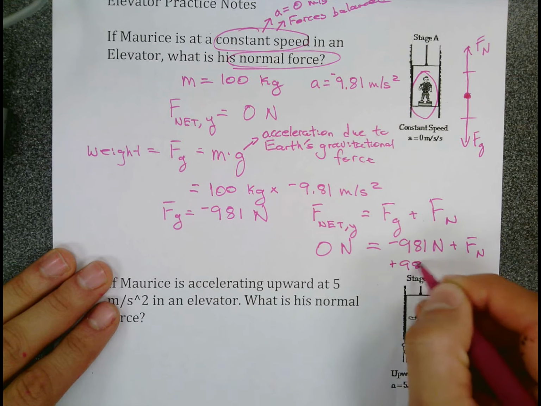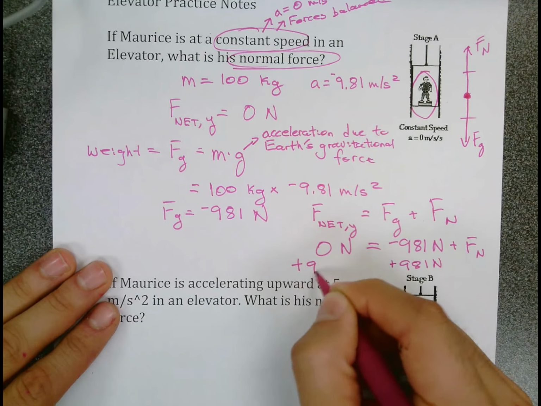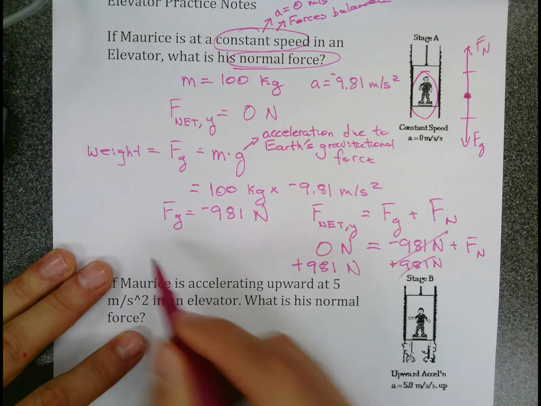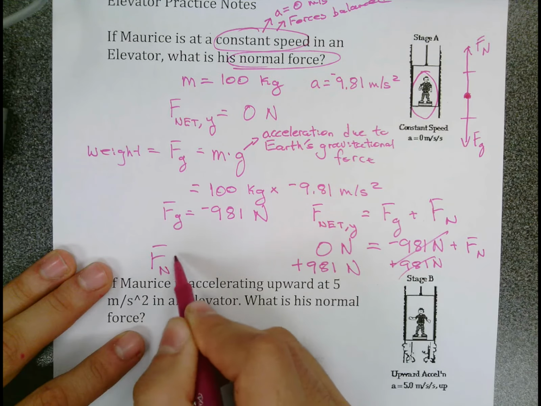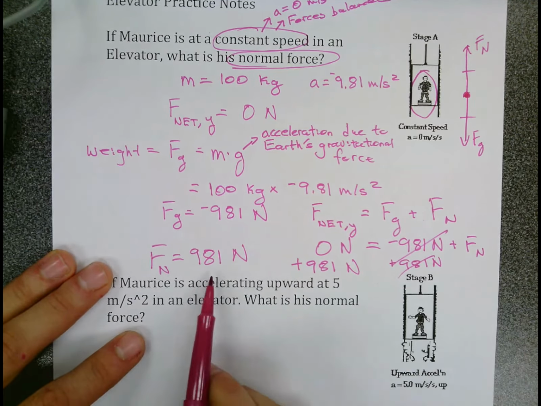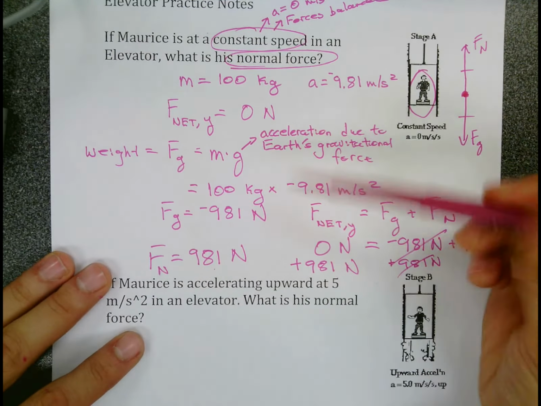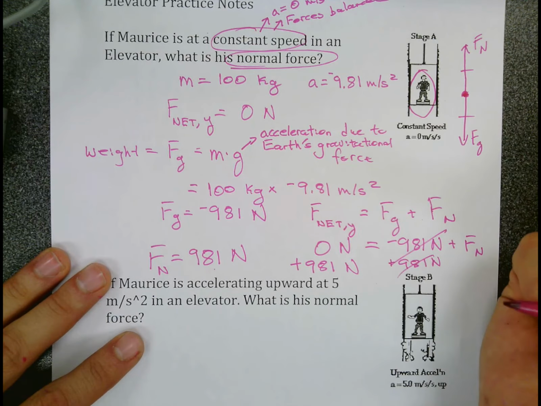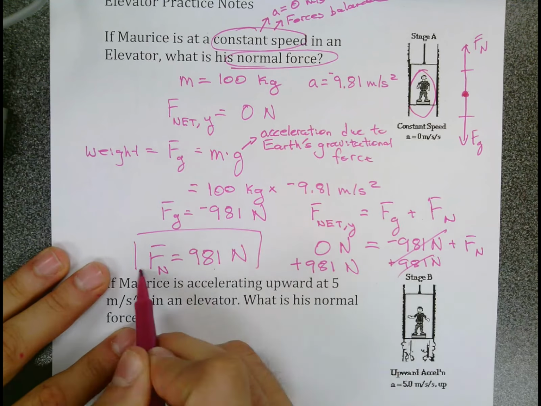Add 981 newtons to both sides, and we get Fn is equal to 981 newtons, which in this case shows that it is also equal to F of g, and it also proves that the forces are balanced.